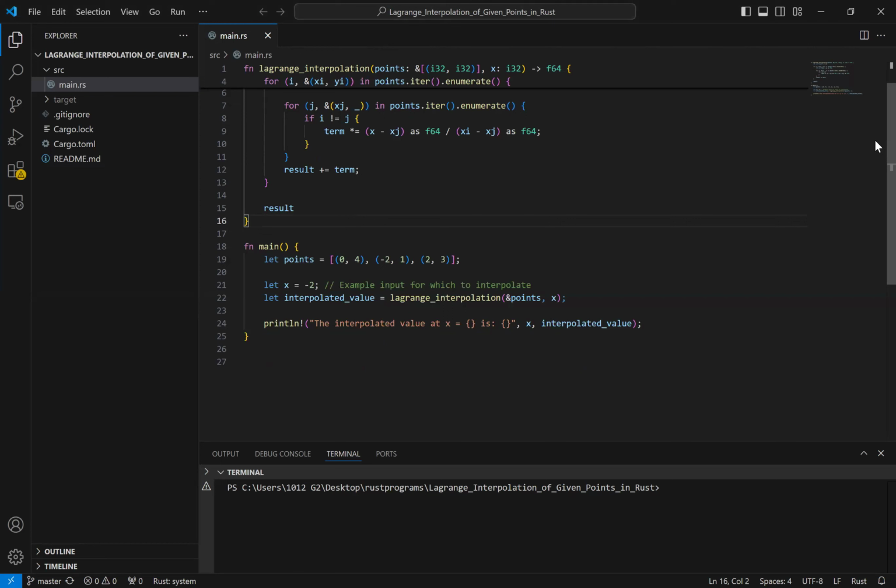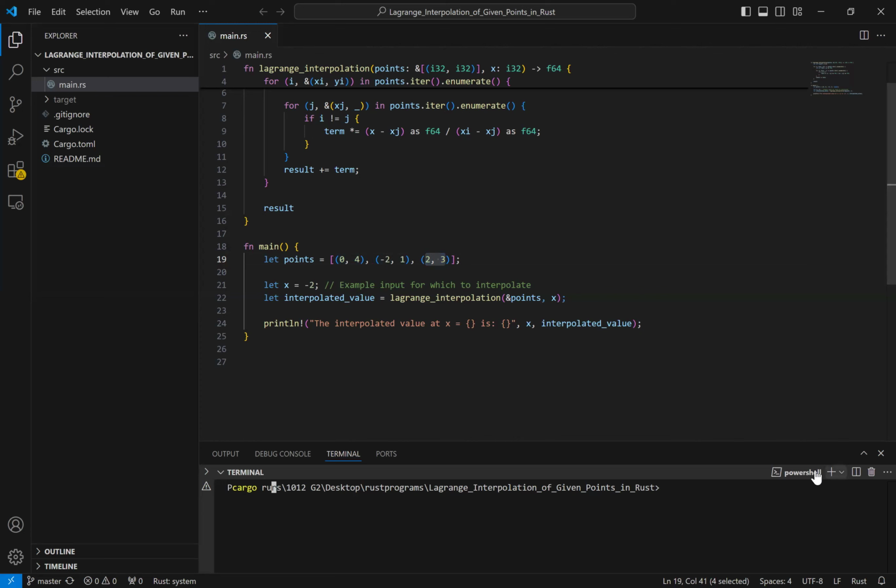Then it does not give you the polynomial. But now, if you give it the value of x and ask for the value of y, it will give you the value for that respective value of x. So for instance, I've given it these points: 0, 4, negative 2, 1, and 2, 3. Then I run it.